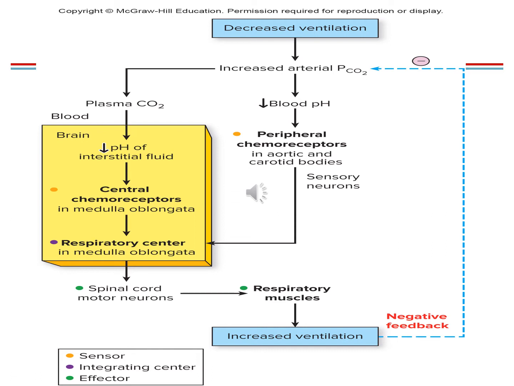If we decrease the ventilation or breathing, automatically the levels of carbon dioxide increase. And if this level increases, automatically the blood pH decreases because we increase the concentration of hydrogen. Now, this decrease in the pH is sensed by the peripheral chemoreceptors or the central chemoreceptors located in the brainstem, in that yellow box that you have on your left.